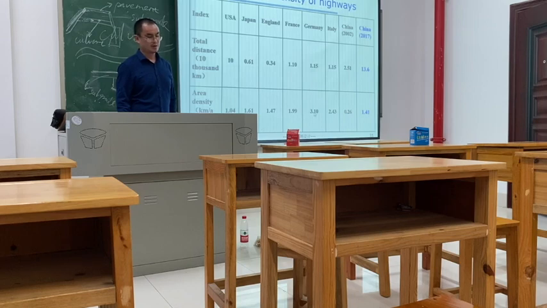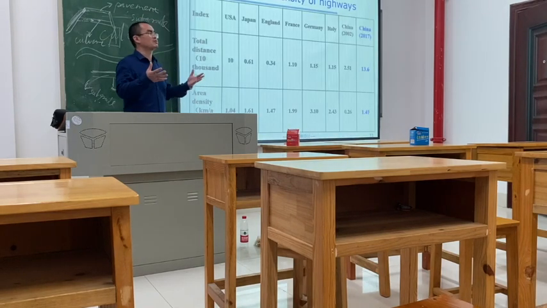Germany is the fastest, and Germany is smaller than China. Japan, France, Italy are smaller than China.